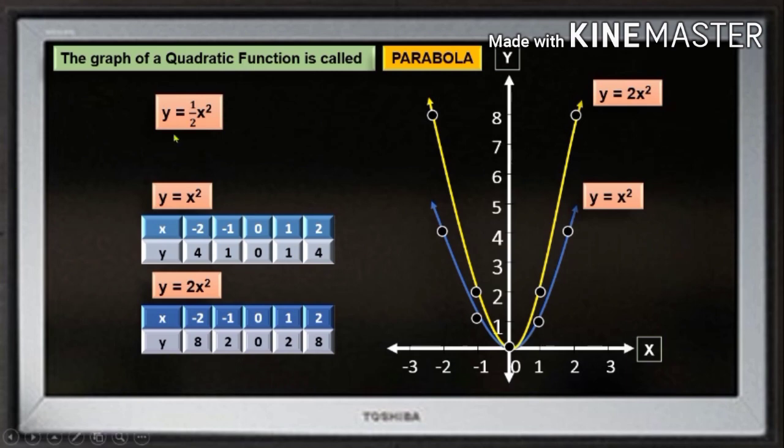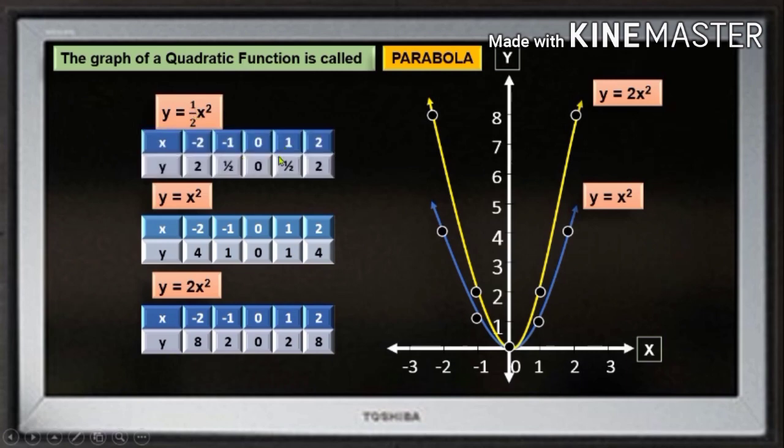We have a quadratic function defined by y equals 1/2 x squared. In its table of values, there is also a reflection or mirroring of values of the function. So in its graph, these are the corresponding graphs of these three quadratic functions.